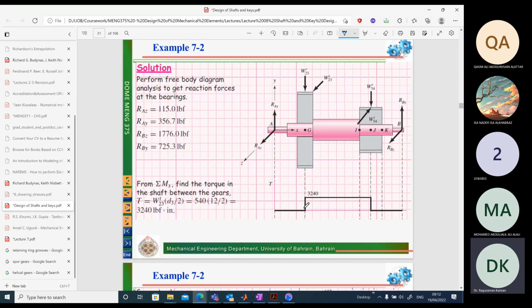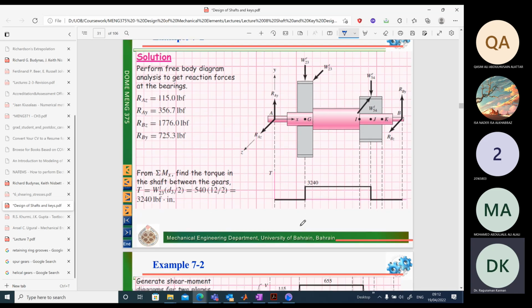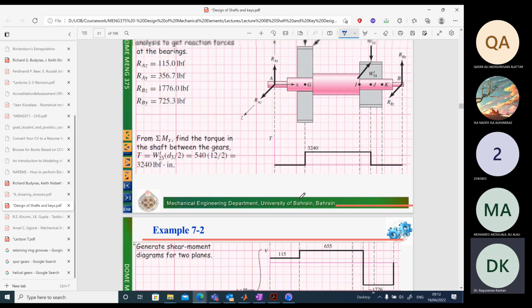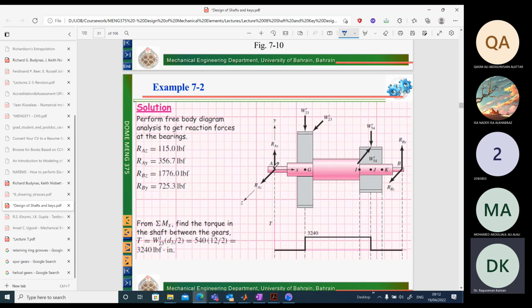In any shaft, you have 2 different moments. One is the torque, the other one is the bending moment. So for the case of the torque, we can easily figure out that the torque is applied between the 2 gears. So it should be the tangential force times the radius of the gear.